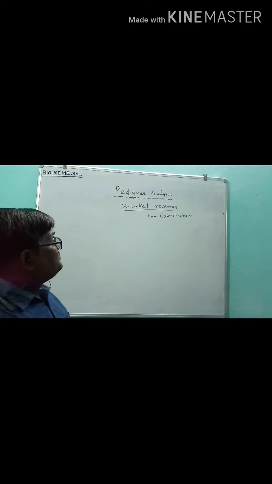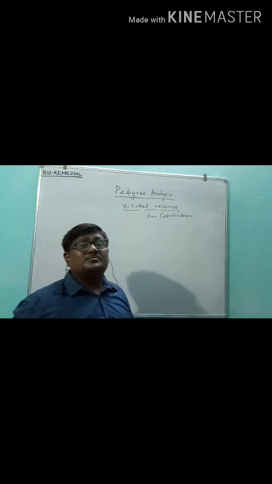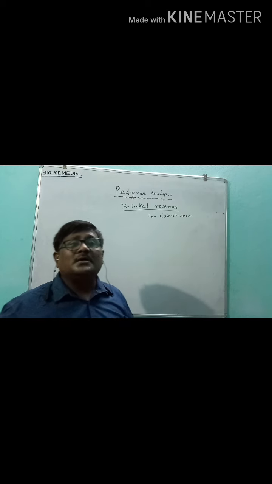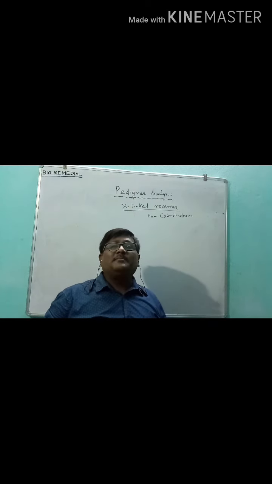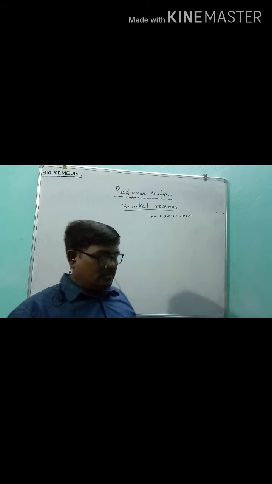How are the diseases transferred which are X-linked recessive? We know recessive disorders are always expressed in the homozygous condition. That means the defective gene is present in both X chromosomes.